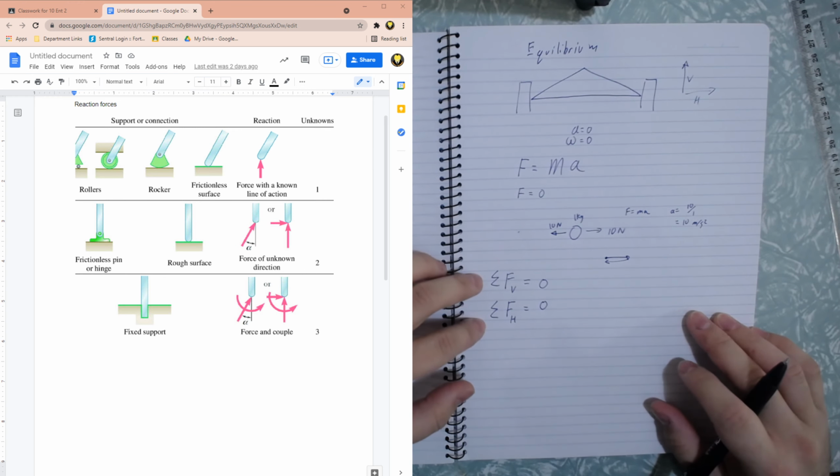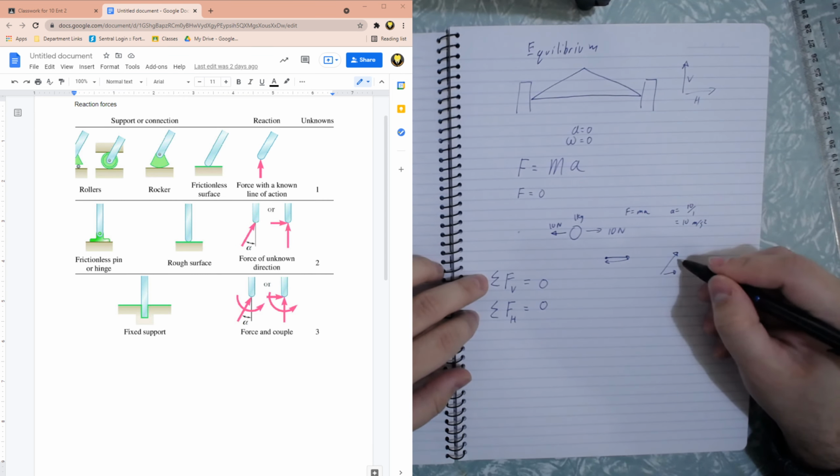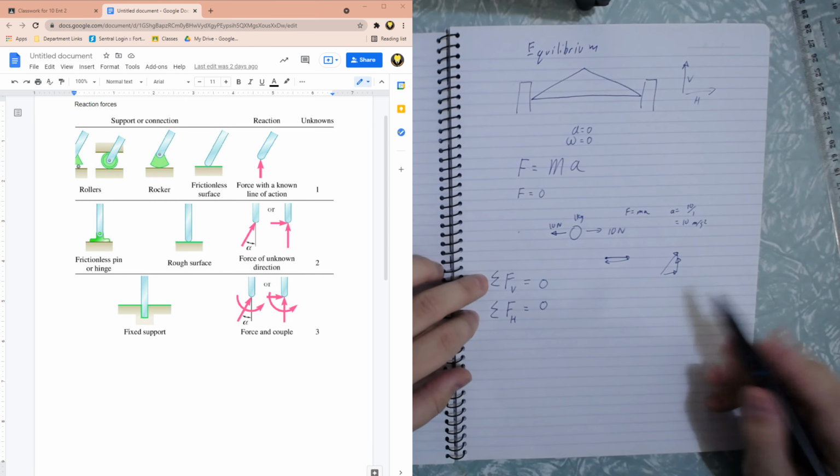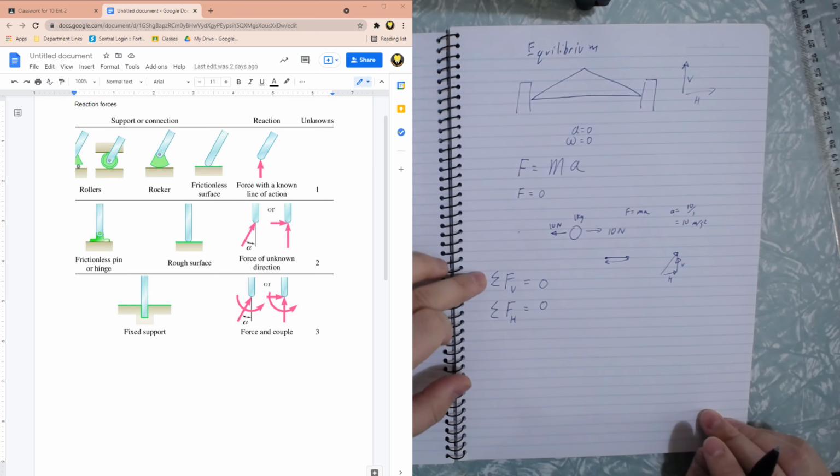So this means if we add up all the vertical forces, and if we have a force at an angle, it's going to also be simplified by its vertical and horizontal components. So we can get all our vertical forces equal to 0. We then also need all our forces in the horizontal equal to 0.